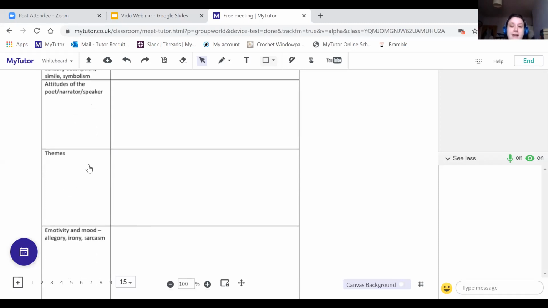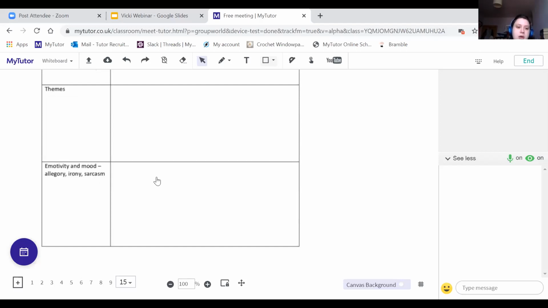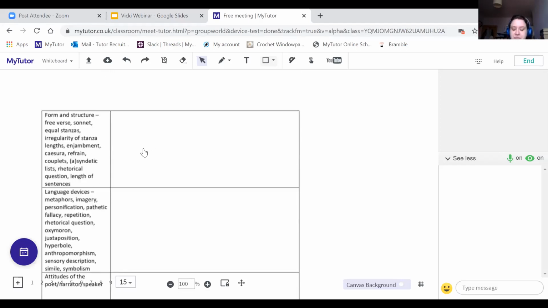As you see, there aren't any examples for themes, because I can't tell you what the themes are going to be. Themes is quite a nice straightforward one. So what I suggest you do when revising your poetry bundles is you have a go at using this table to organise your ideas, because I think it is really helpful.